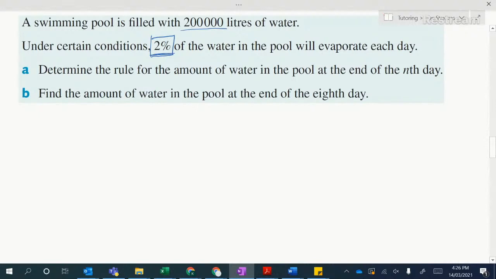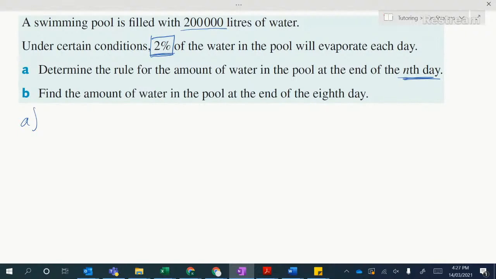Okay, so what I need to do here is I need to write this as the general rule for the nth term. This is once again that formula that's given to you in the formula sheet. So see if you can find that, the general rule for the nth term for a geometric sequence. Find that one on your formula sheet.